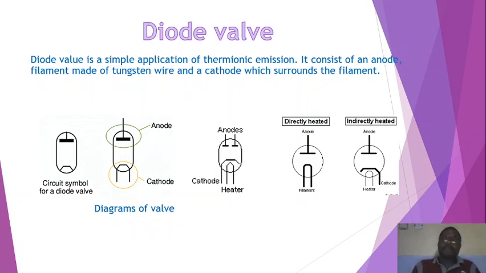Nowadays, due to the discovery of semiconductor devices, diode valves are not mainly used. So we make use of semiconductor diode. But they work with the same principle. The only difference between the diode valve and semiconductor diode is that the diode valve is operated by a very high voltage.